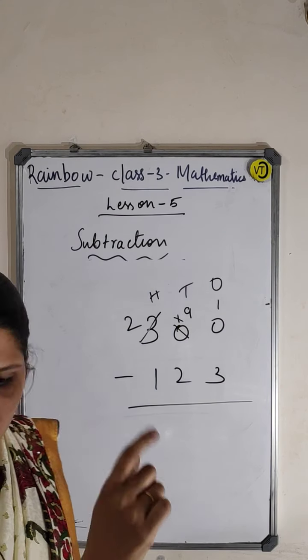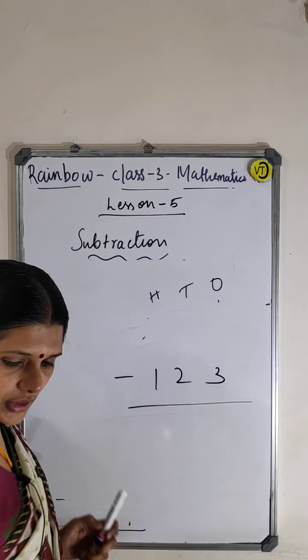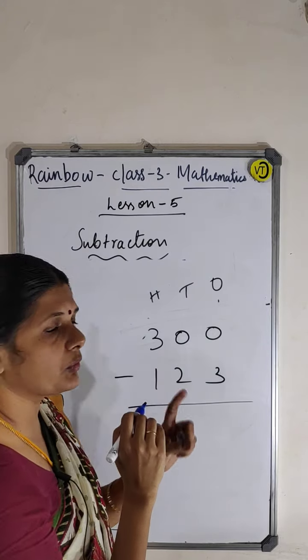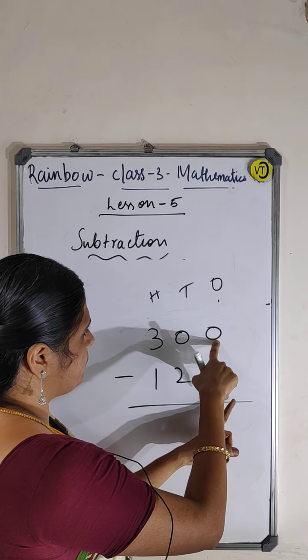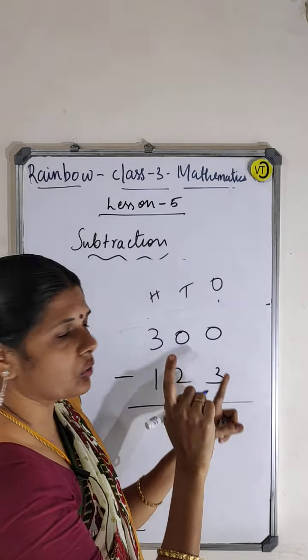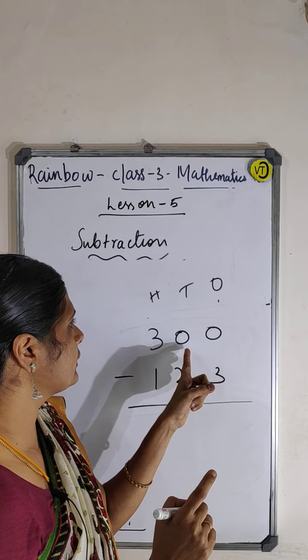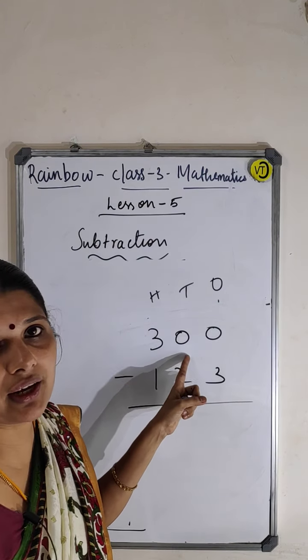One more time I will repeat, you just understand properly here. See, 300 it was there. This 0 minus 3 won't go, so this 0 can ask for a borrow from tens. Tens is also 0, and that 0 doesn't have any value.